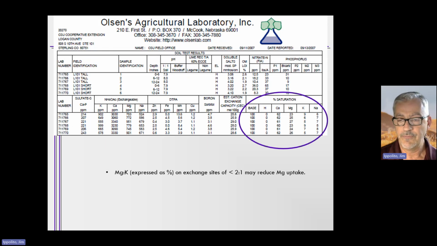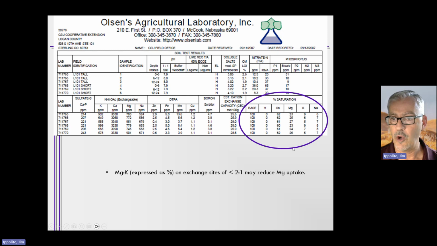So what I want to do for the last slide in this video is to go back to this soil test result and reiterate what was expressed on one of the previous slides in this video, that the magnesium to potassium ratio expressed as a percent on the exchange sites of less than 2:1 may reduce magnesium uptake. Less than 2:1.